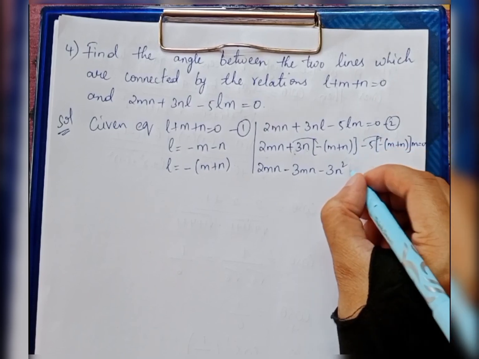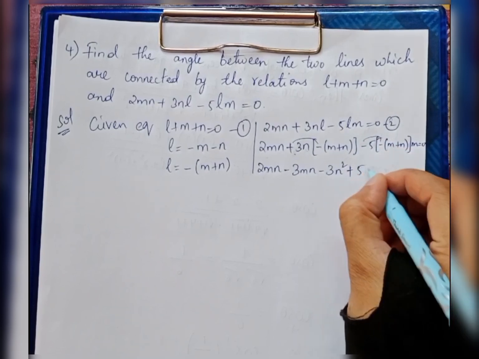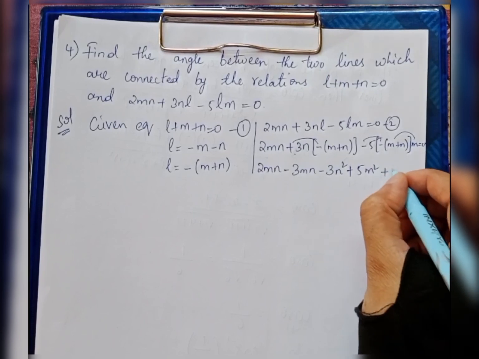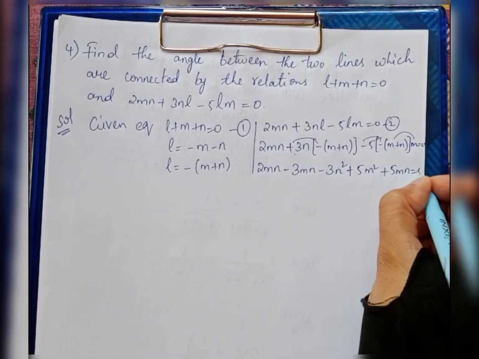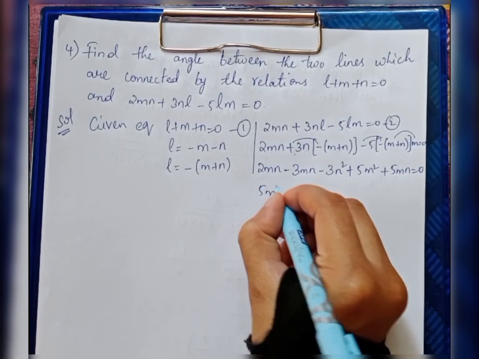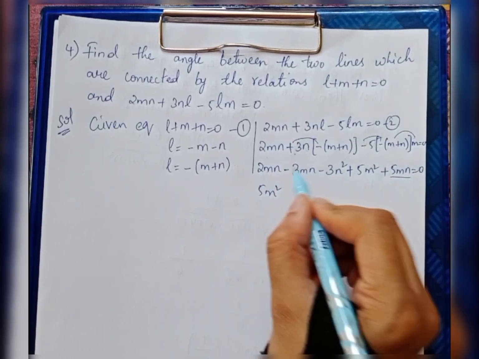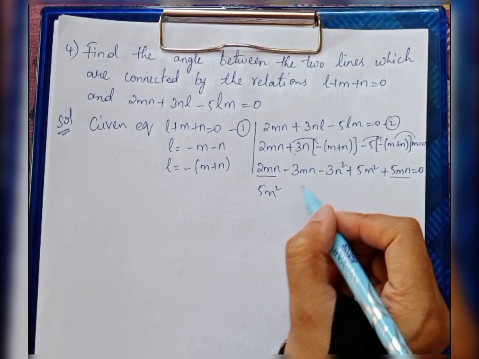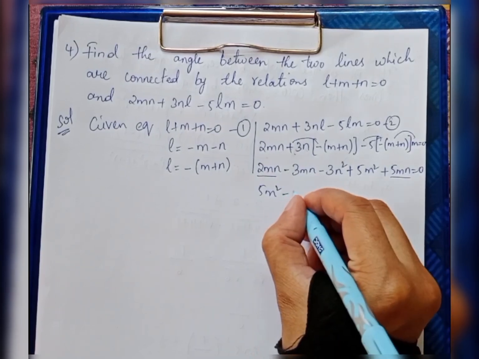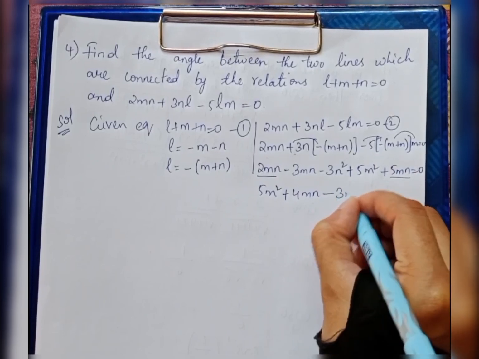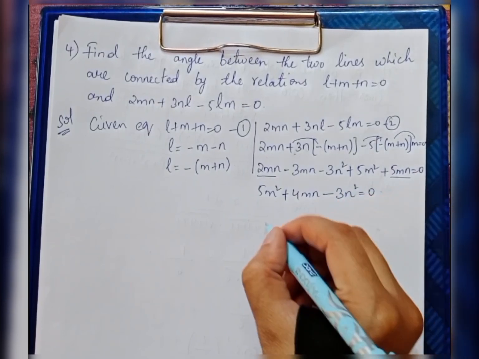Here minus minus is plus, so plus 5m square, and plus 5mn equals to 0. So it will be 5m square. Here 5mn plus 2mn is 7mn minus 3mn will be 4mn. So it is plus 4mn and minus 3n square equals to 0.